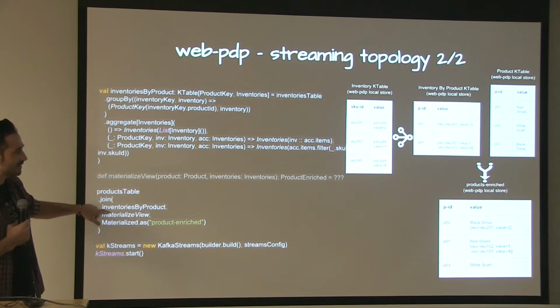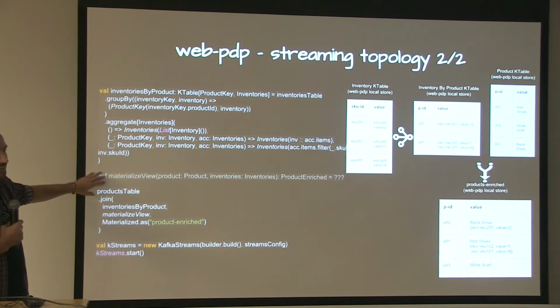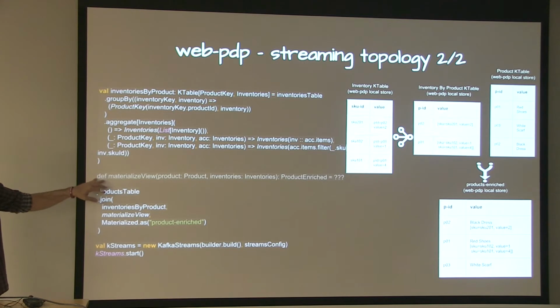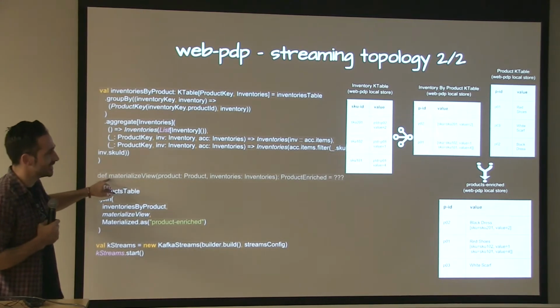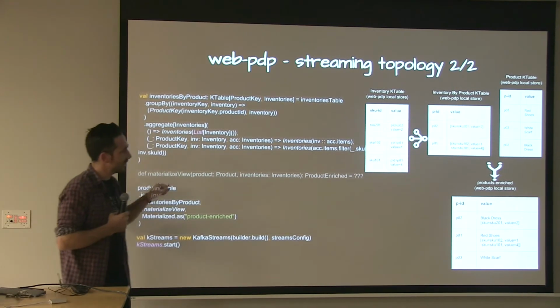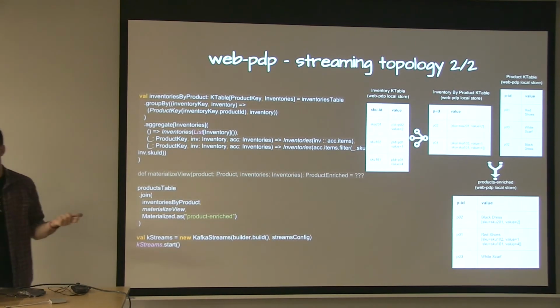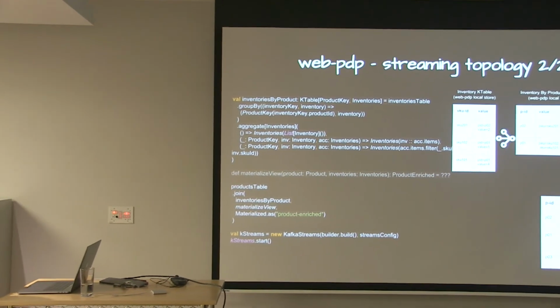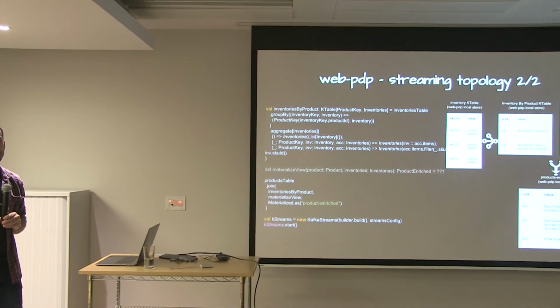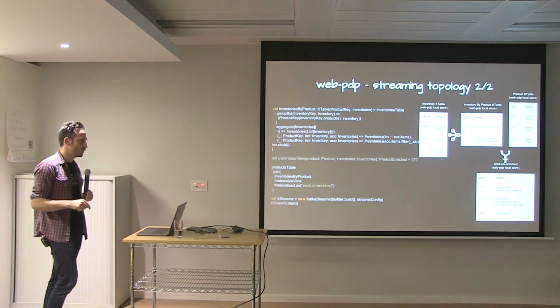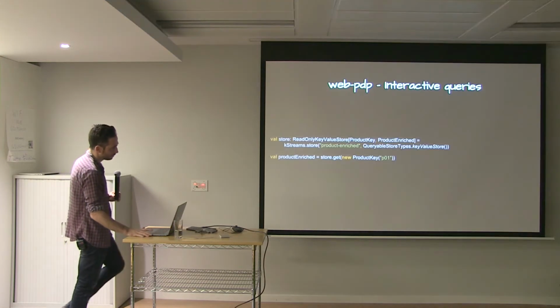I call this a materialized view because it actually looks like a materialized view in database jargon. What we are doing is pre-computing the data that we want to send back to our clients when it arrives. So we don't need to transform the data anymore when we have to serve the data. The data is already there in the shape that we want.